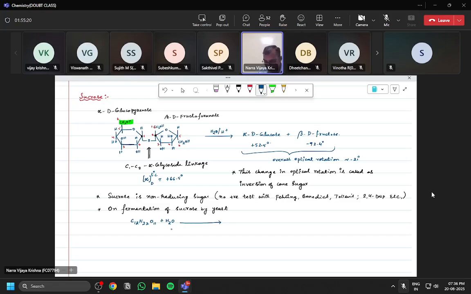This yeast produces an enzyme called invertase. You will get glucose plus fructose. If I use another enzyme, zymase, glucose and fructose both will convert into ethyl alcohol. This is what we do in distillery industries.